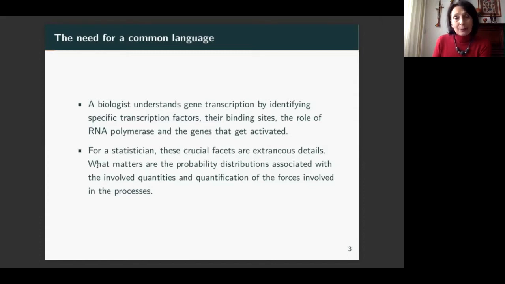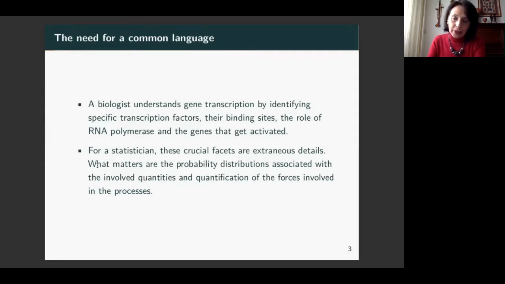Now, all these biological details do not mean much to a statistician like me because we focus on random variables, probability distributions, their characteristics, quantification of sources driving the systems. So, a common ground for an exchange of conceptual understanding is needed.